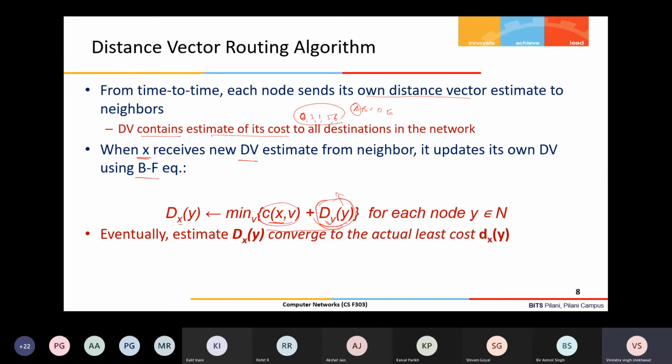So this is the link cost between X and V. Between X and V there is a direct link, and the V to Y cost is coming as a distance vector value.